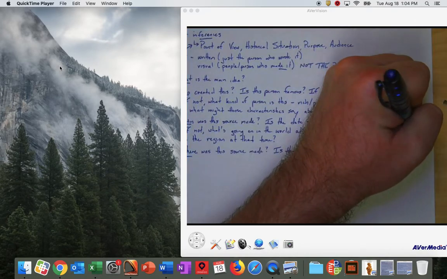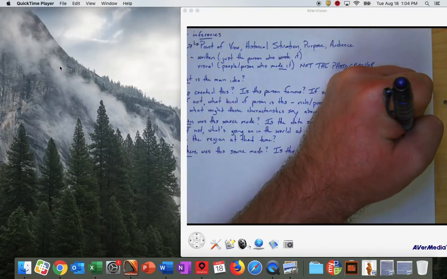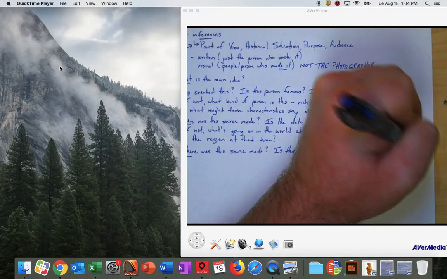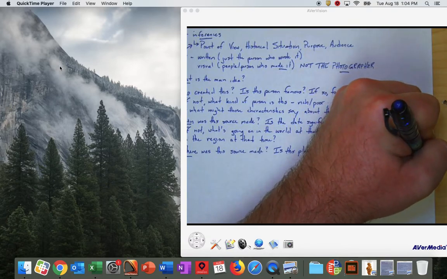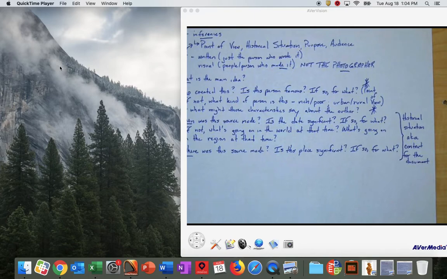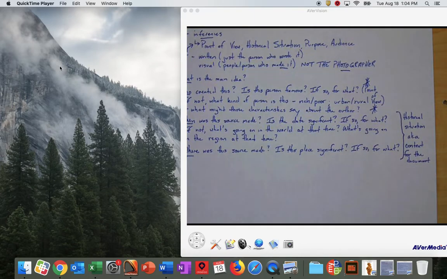This is also known as the context for the document. What's going on around this document to cause it to be written?